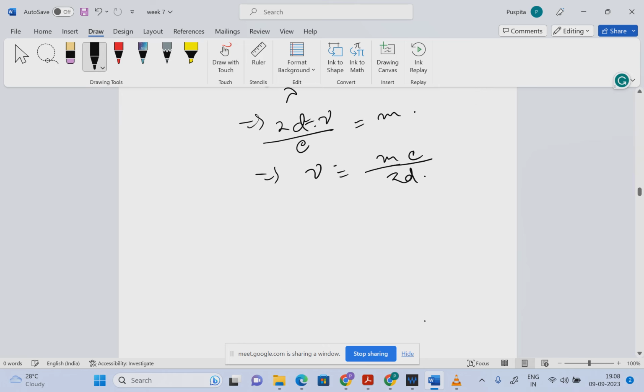Okay. So m is an integer. The above equation represents the different modes, the longitudinal modes of the Fabry-Perot cavity.